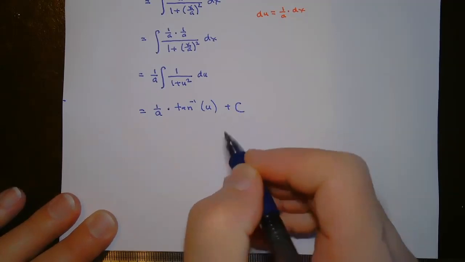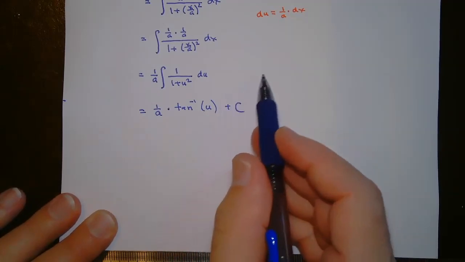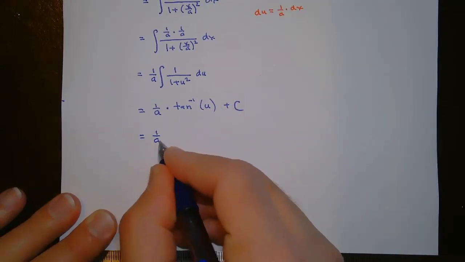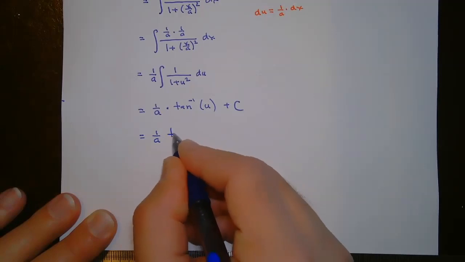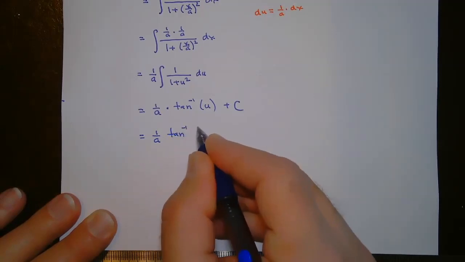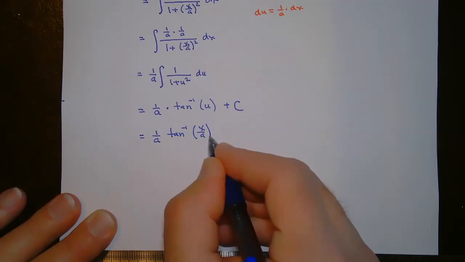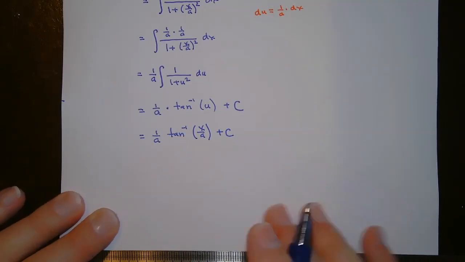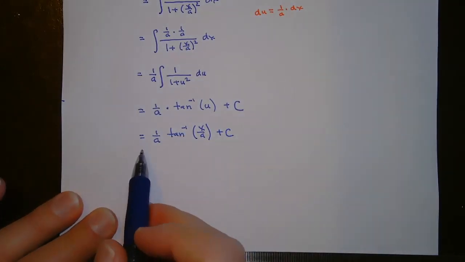All right, now what is u? Well, it's x over a. So this is 1 over a tan inverse of x over a plus c. Okay, what did we start with over on this side, right?